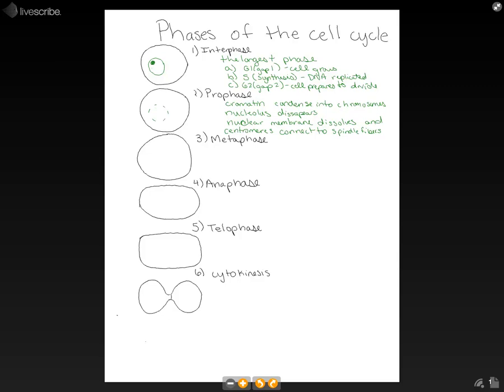And instead of having a bunch of chromatin, we have our chromosomes, which should be kind of paired up because they were replicated and are tied in the center. We also have our spindle fibers, as we said, that kind of line up. So we have our centriole attached to our centromeres by means of spindle fibers.